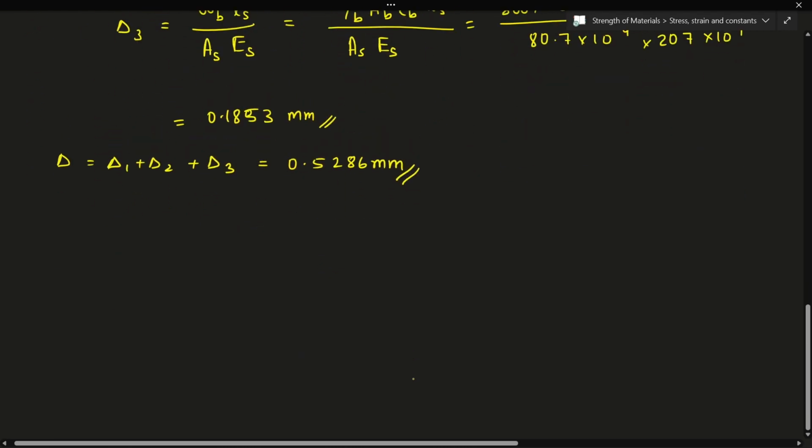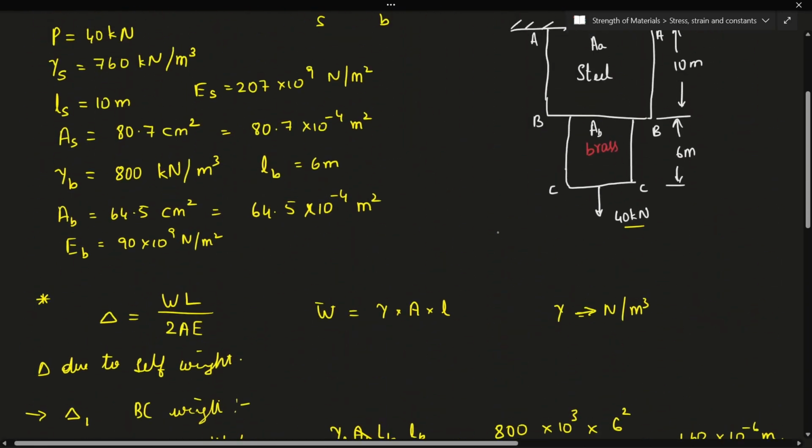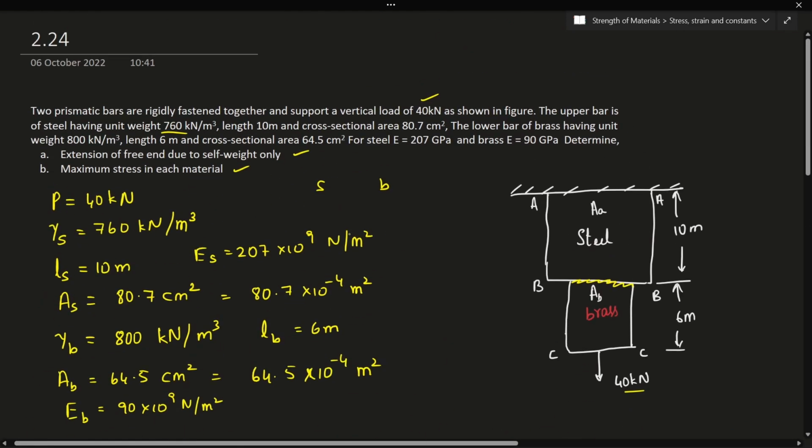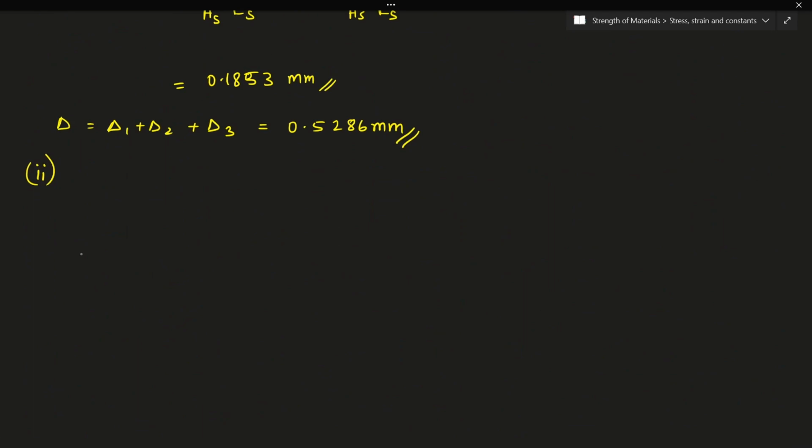Right, so now we'll have to calculate the maximum stress for this particular element. For brass, the maximum stress will be at this intersection. For steel, the maximum stress will be at this particular point. So if I want to calculate that, let me first calculate for brass. I'll call this sigma B max, which will be equal to the load, that is P, plus the self weight WB divided by the cross-sectional area AB.